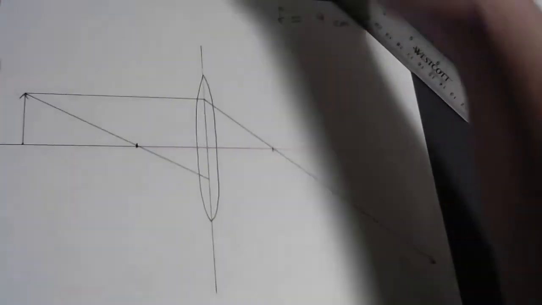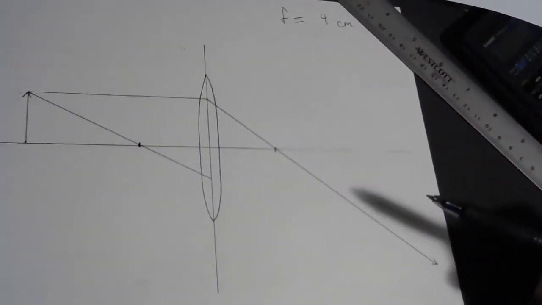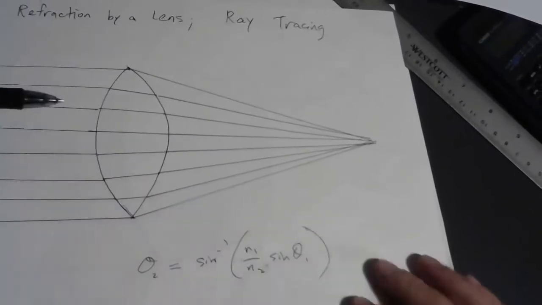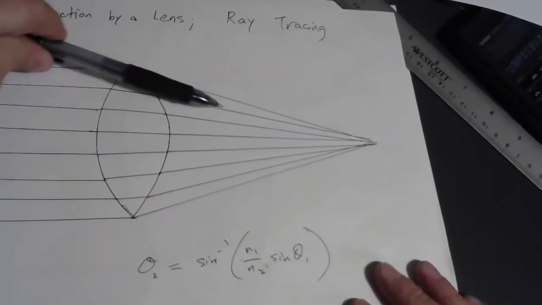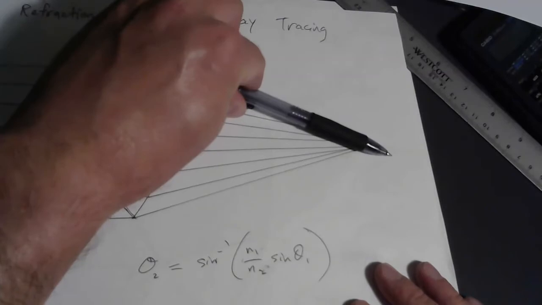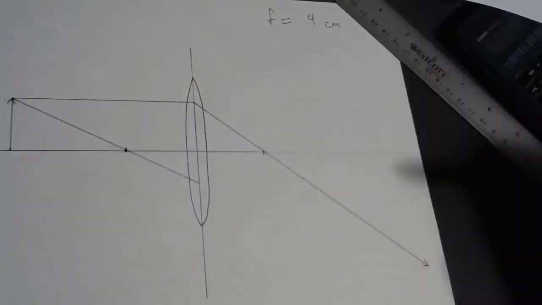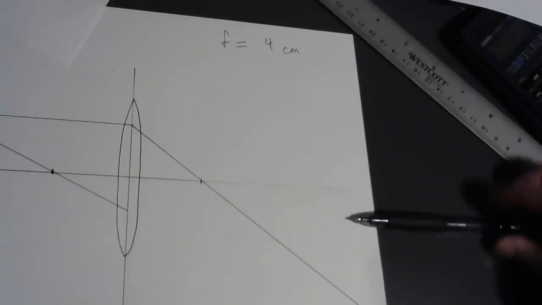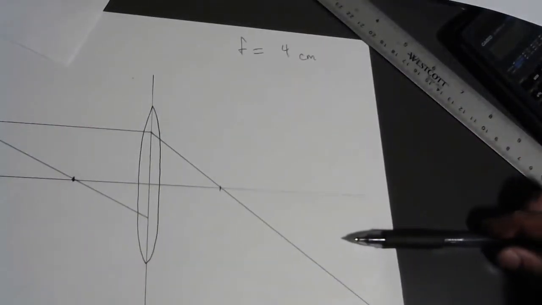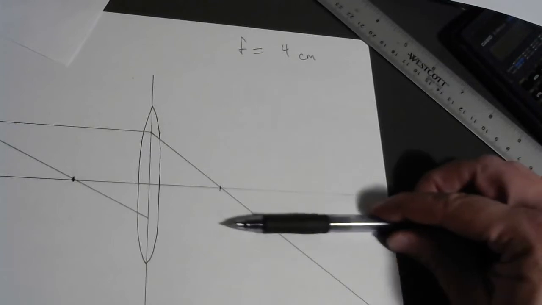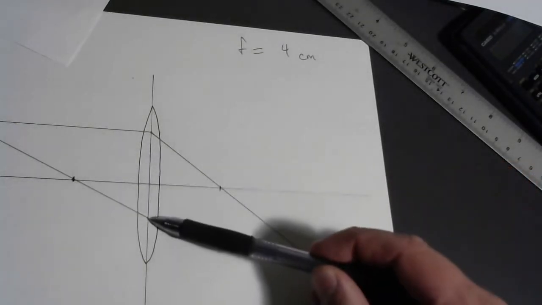And you may have guessed that it's the reverse of this situation. If a ray comes in parallel, it will refract through the focal point. Well, flip this left to right. Imagine a bunch of rays coming in from the right of the lens. A ray like this coming in parallel. What's it going to do when it reaches the lens?